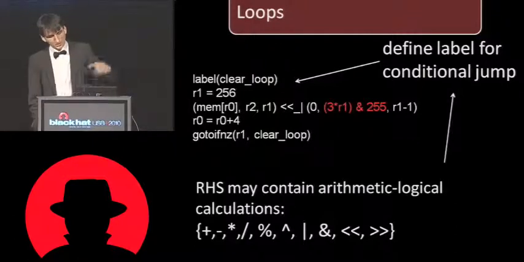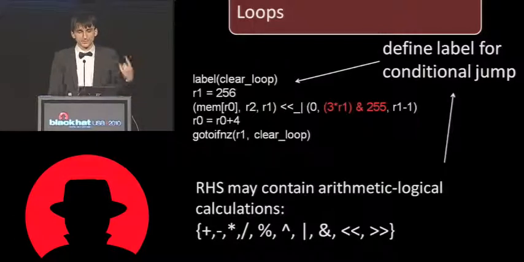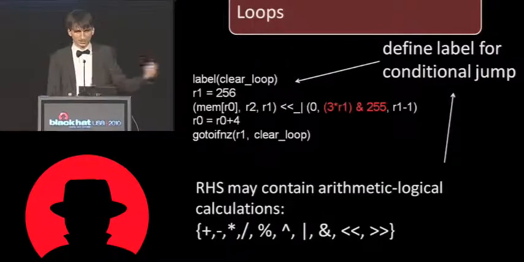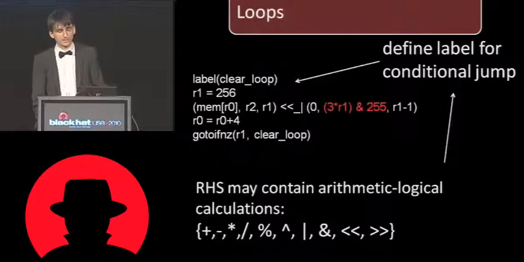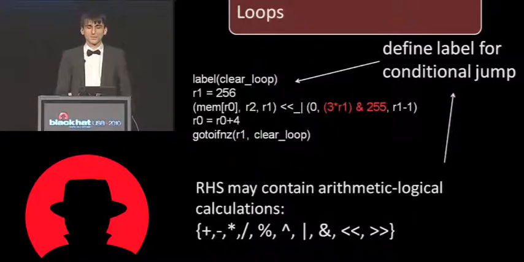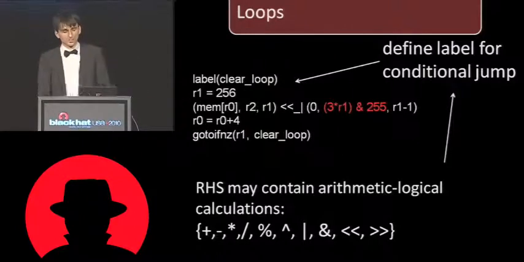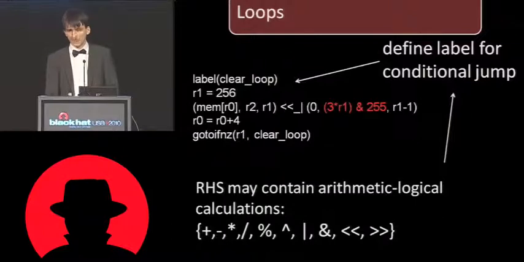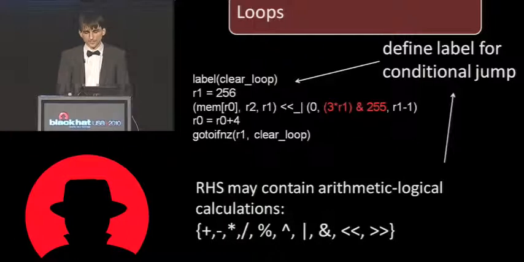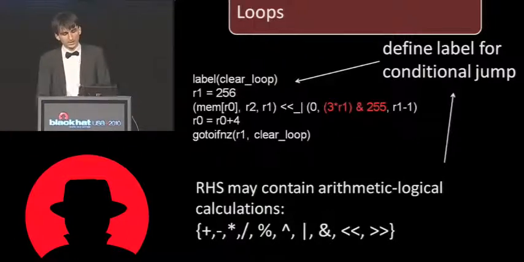You assign a range of memory of 1024 bytes to 0, so you just clear a range of memory, and at the same time you compute multiples of the register R1, which is going down from 256 to 1, and you compute that in the register R2.